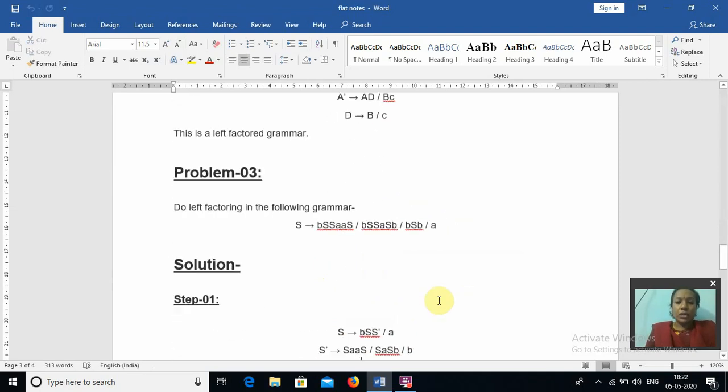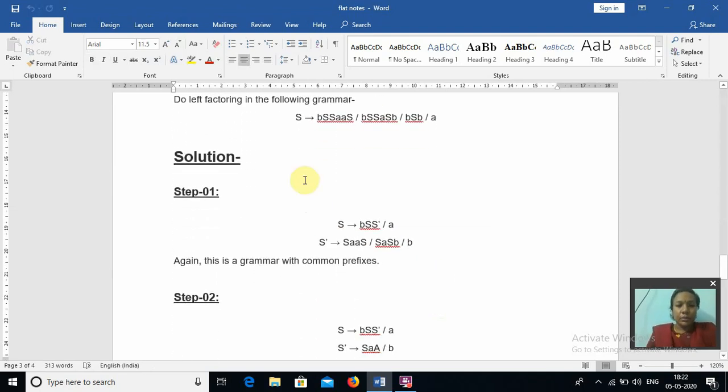Okay, so let's go with another example. This is the grammar we have, and it is a combination of four production rules. In three of these we have common prefixes. So first you can take bS as a common prefix here. Why? Because we have bSb.